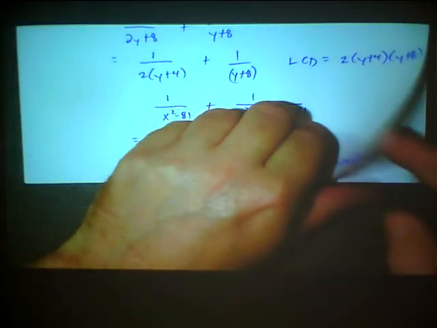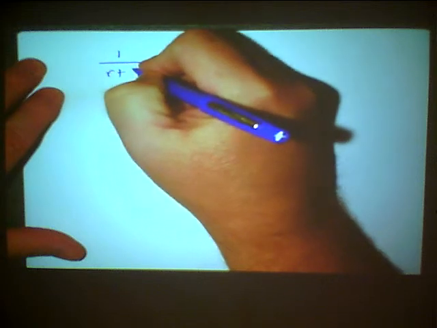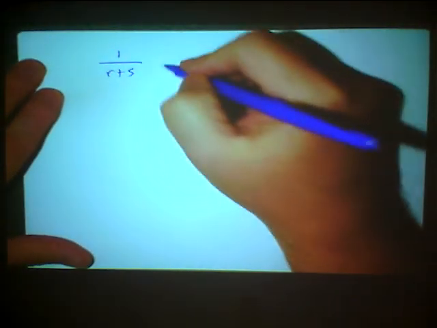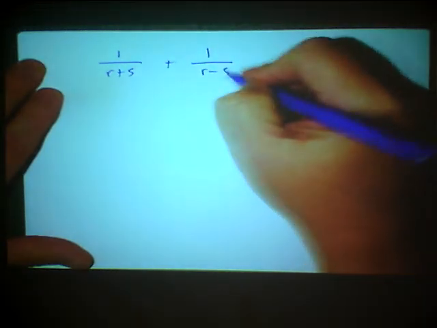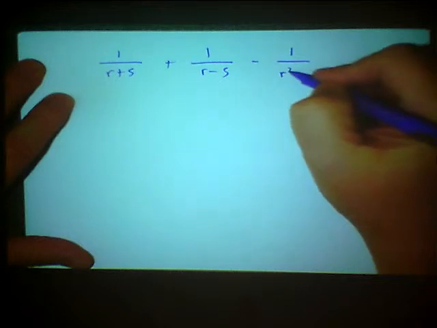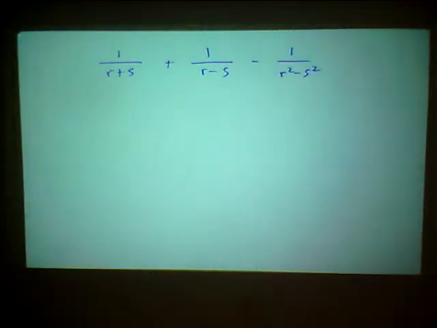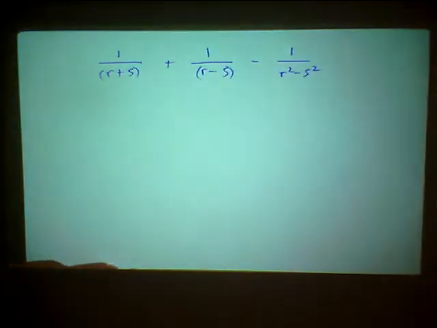All right, 2 more examples. Here, I actually have 3 rational expressions. As a matter of fact, if you go and stick these in parentheses, then I look at this third denominator and I realize that can be factored.